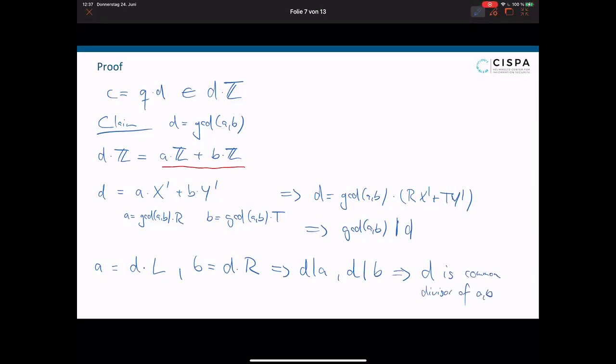All right, so now I'm claiming we have everything. I just wrote that d is a common divisor and that the GCD of a and b divides d. How can I conclude that d must be equal to the GCD of a and b?